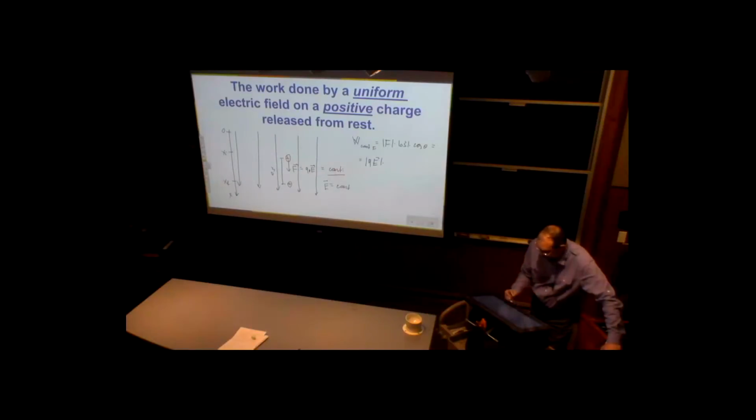So how can I write the displacement? x final minus x initial, times, what should I write for the cosine of the angle? How does the force point? The force, F, points down. How does the displacement point?